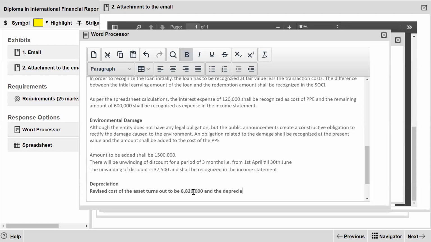And the depreciation expense to be recognized shall be 110,250.